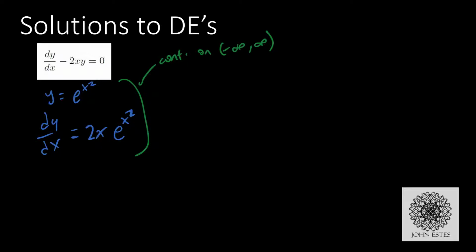The third thing I need to do though is make sure that it satisfies my equation here. So if I say the derivative of my function, which is 2x e to the x squared power, minus 2x times my function, which is e to the x squared power, hopefully this equals 0.